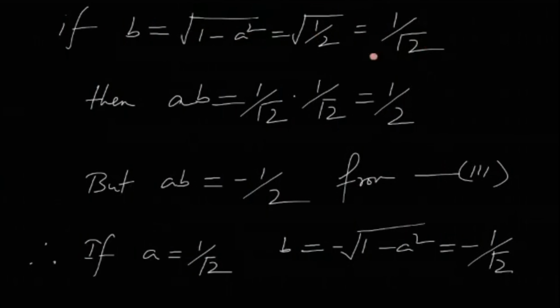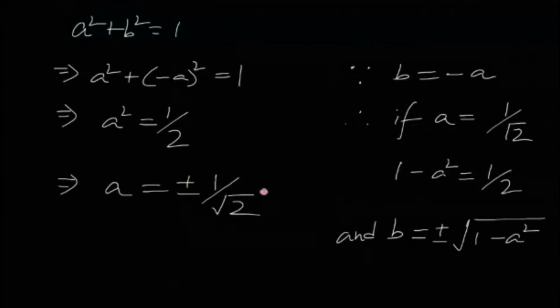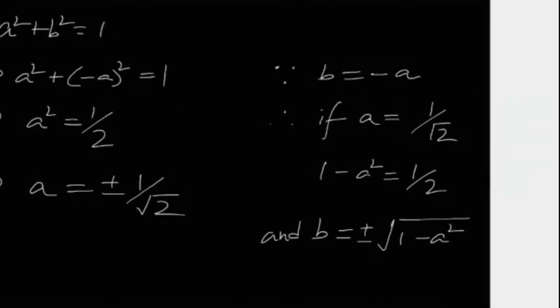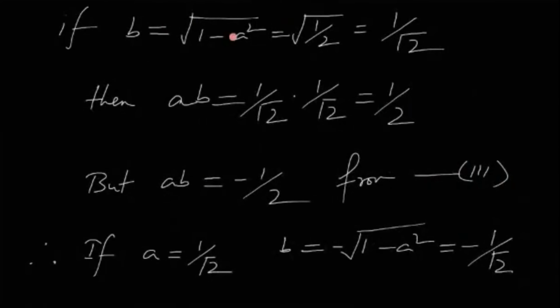Suppose I take a to be the positive 1 by root 2, and b to be root over 1 minus a square, so b is also 1 by root 2. In that case ab equals half, a contradiction, because we just found that ab equals minus half.